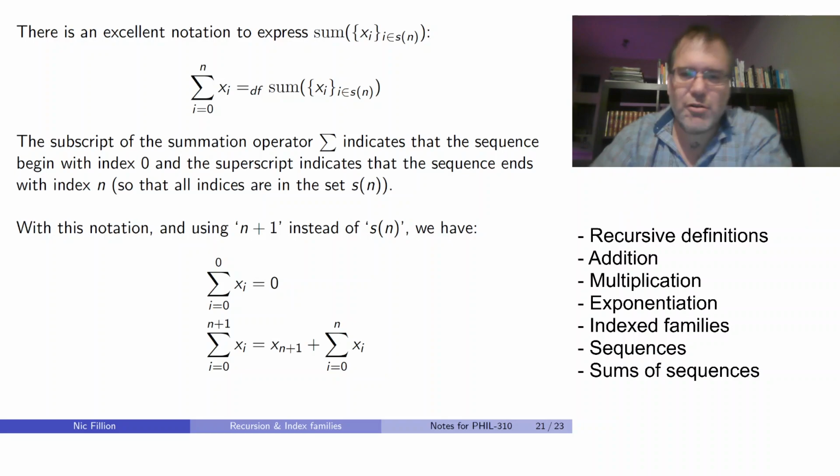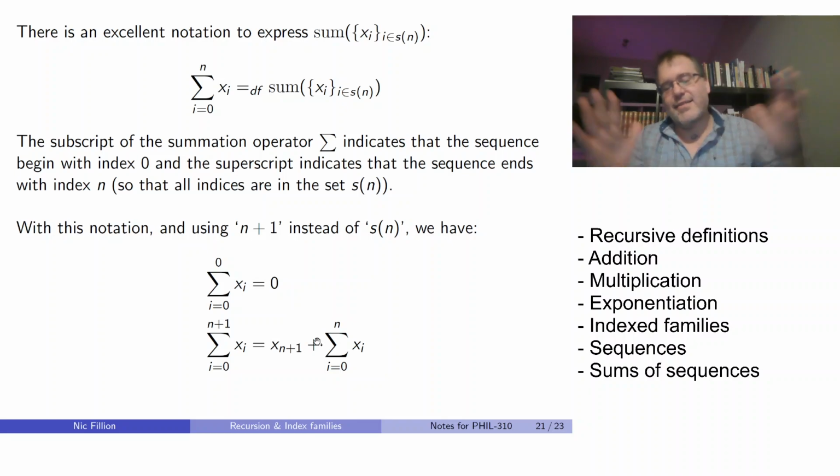It should be 0. And then for the sum from i equals 0 up to n plus 1, it's standard here to use n plus 1 instead of Sn, the successor of n. We know they're the same now. Right? So you're going to say it's xn plus 1 plus the sum of length 1 less.